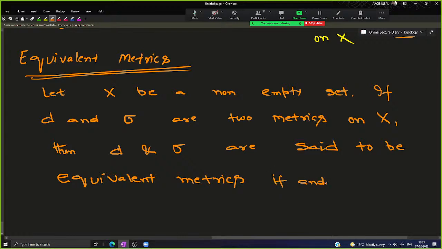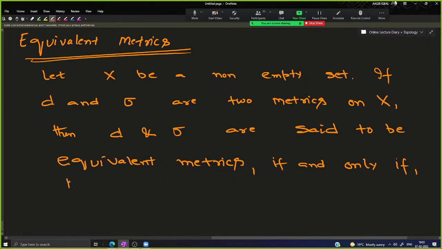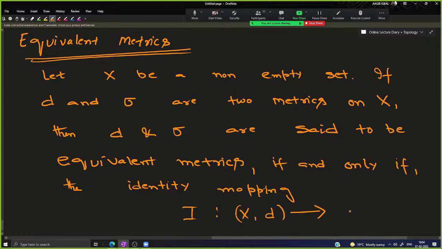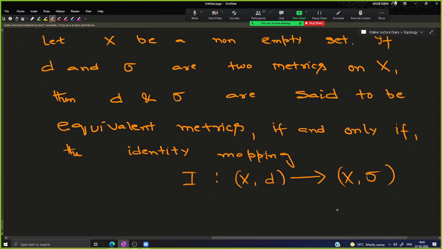The criteria is this: if and only if the identity mapping I from XD into X sigma, if this mapping is a homeomorphism.